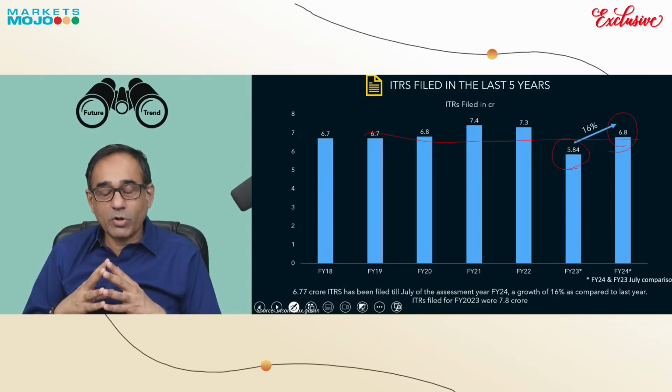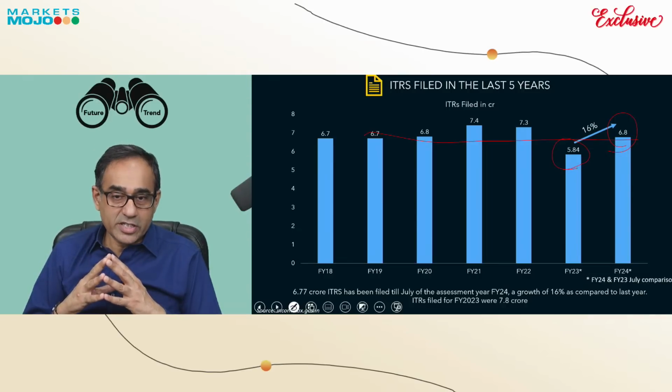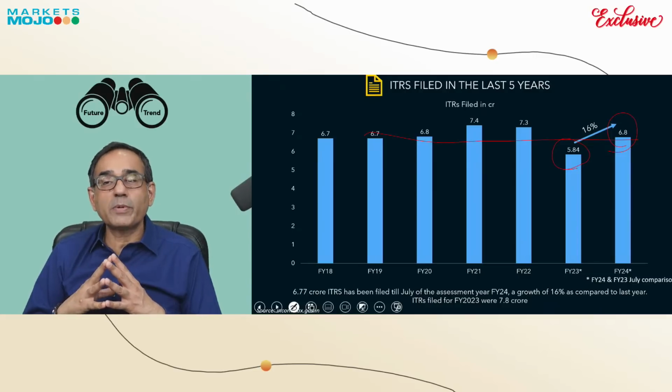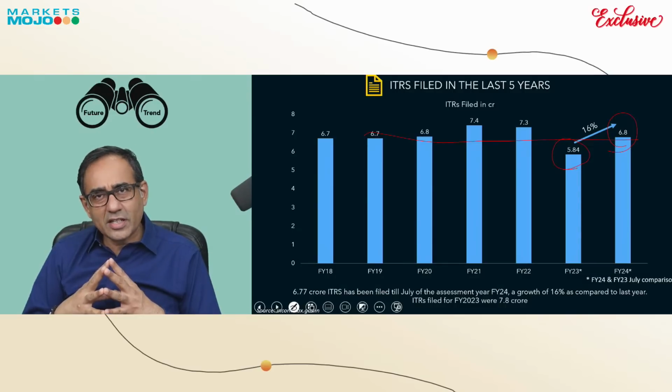Number two, as the standard of living goes up, more and more people will come under the tax net. This is despite the fact that government increased the income tax slab rate for taxpayers, and yet the number of people filing income tax returns is on the rise. So I think that's another good thing.